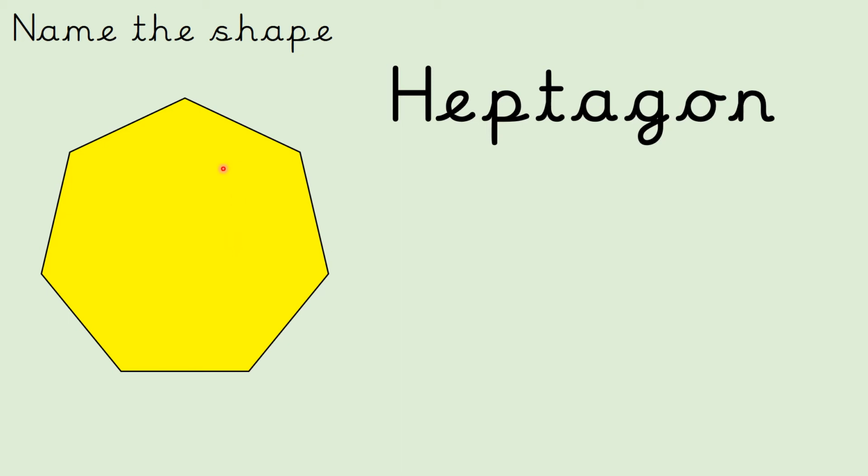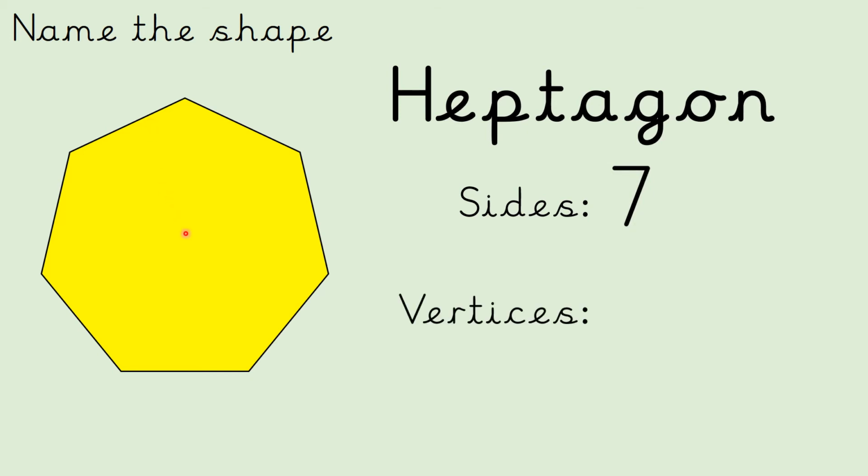Do you remember how many sides a heptagon has? 1, 2, 3, 4, 5, 6, 7. 7 sides. How many vertices does a heptagon have? Let's count. 1, 2, 3, 4, 5, 6, 7 vertices. Great job. Let's have a look at our next shape.